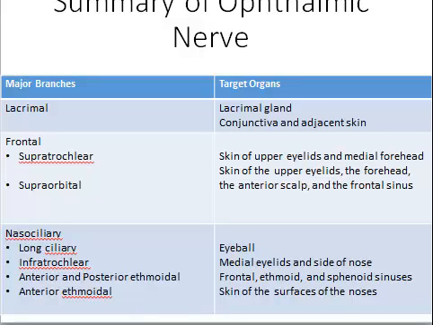And the nasociliary, with lots of little divisions, does our eyeball, the medial, middle of the eyelids, and the side of the nose, but not exactly the ala of the nose. The sinuses, frontal, ethmoid, and sphenoid sinuses, and the skin of the surface of the nose.